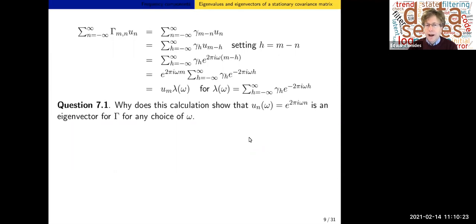And so that's the eigenvalue, and the e to the 2 pi i omega m that we had pulled out is exactly the eigenvector.